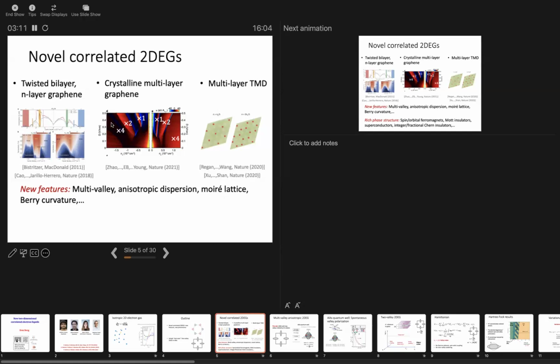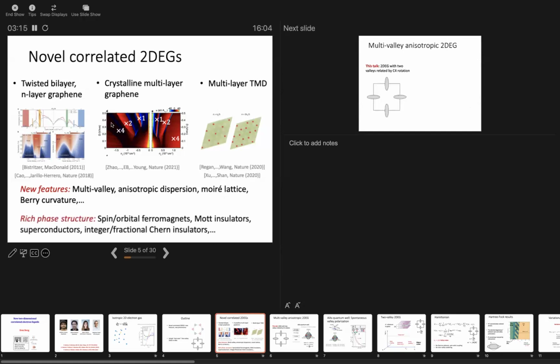So the bands themselves are not trivial, and the wave functions of the bands are not trivial. As a result, they show this shockingly rich phenomenology, including both spin and orbital ferromagnetism, multiferroics, superconductivity, and even integer and fractional Chern insulators, anomalous Chern insulators that appear without a magnetic field, and so on. And all of this comes from the interplay of the same Coulomb interaction with this richer electronic dispersion.